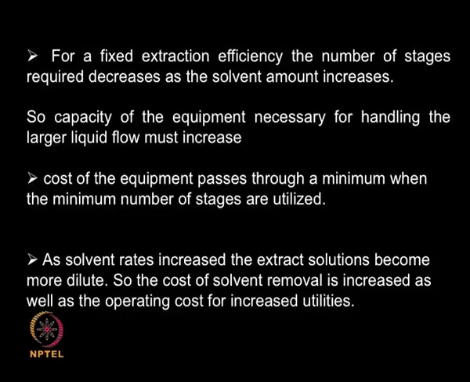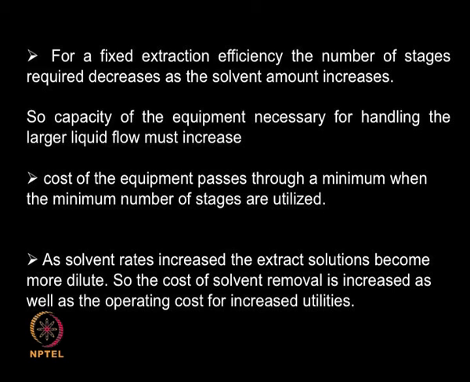Another point you need to keep in mind is, if the amount of solvent going to be used is more, obviously solvent recovery, solvent removal, all those operating and handling costs also increase. So, that is also adding to the overall utility cost. So, that is an extra point which you need to keep in mind as well.